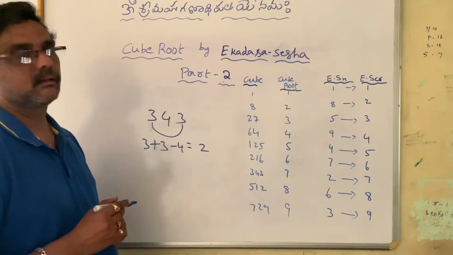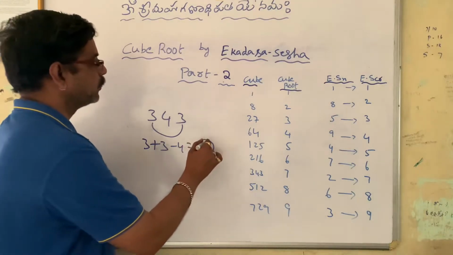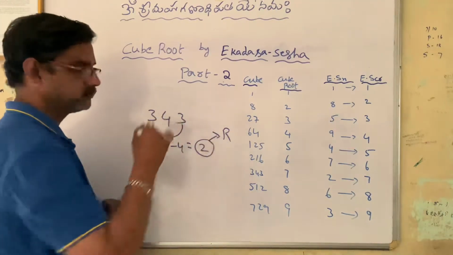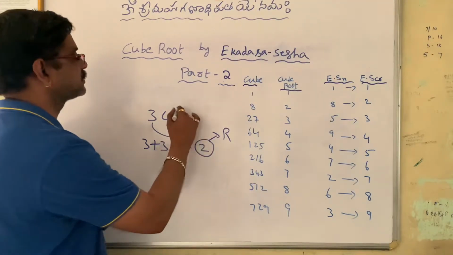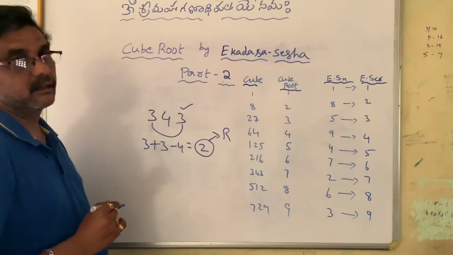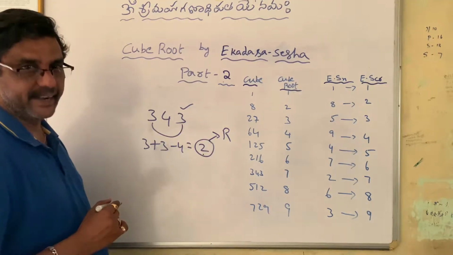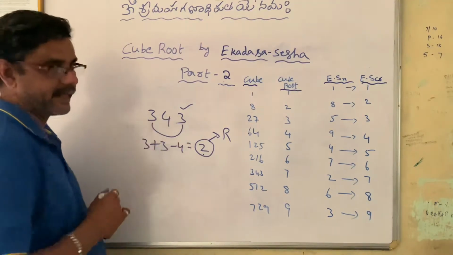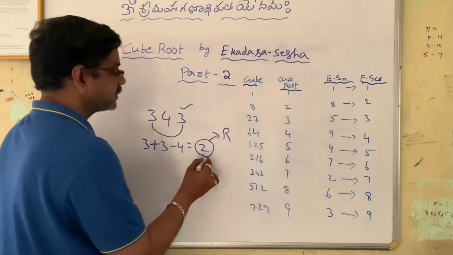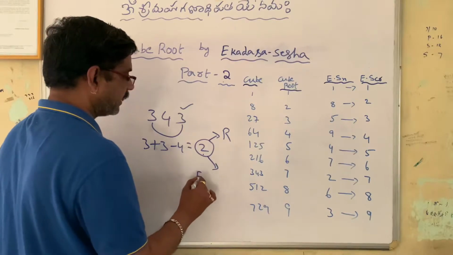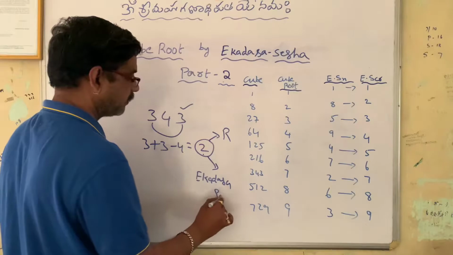Now we can say that this 2 is the remainder, the Sesha, when we divide 343 by 11. So this 2 is called Ekadasa Sesha.